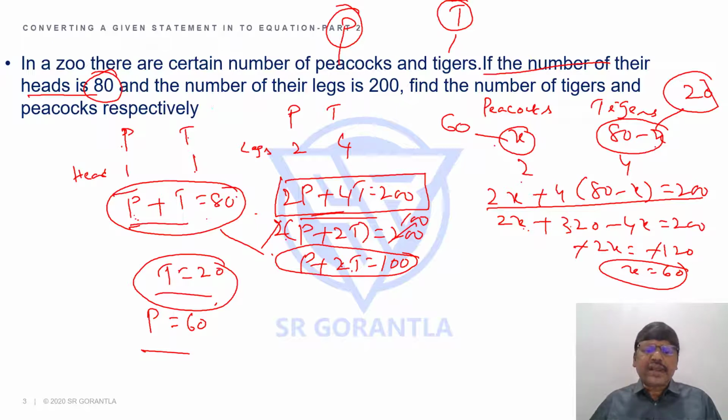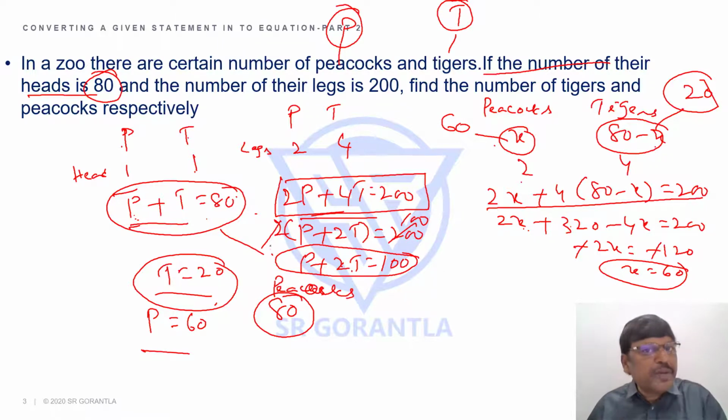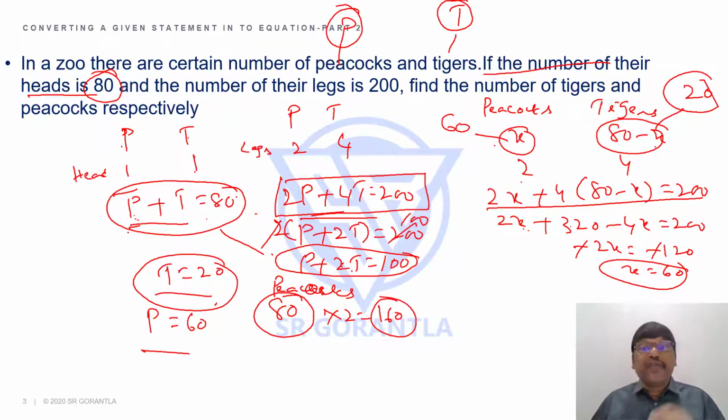Students, there are 80 heads means the total number of peacocks and tigers is 80. Suppose if all 80 were to be peacocks, how many legs they will have? Each peacock has got 2 legs. 80 into 2, 160 legs you should have. If all 80 were to be peacocks, they will have 160 legs.